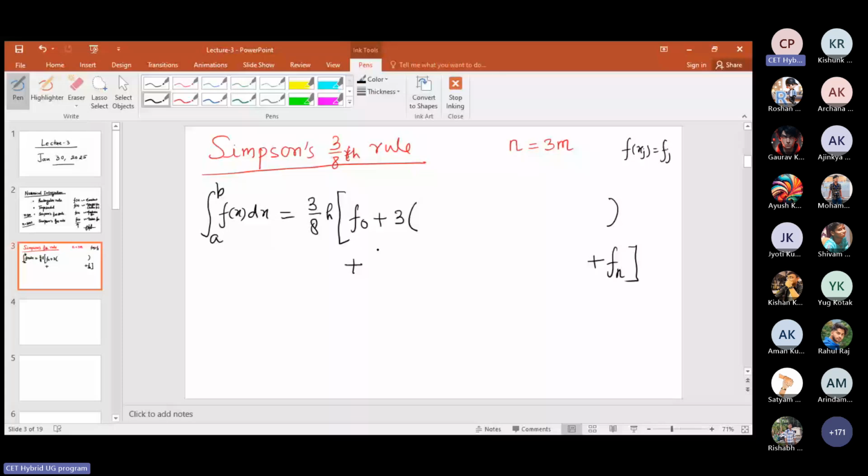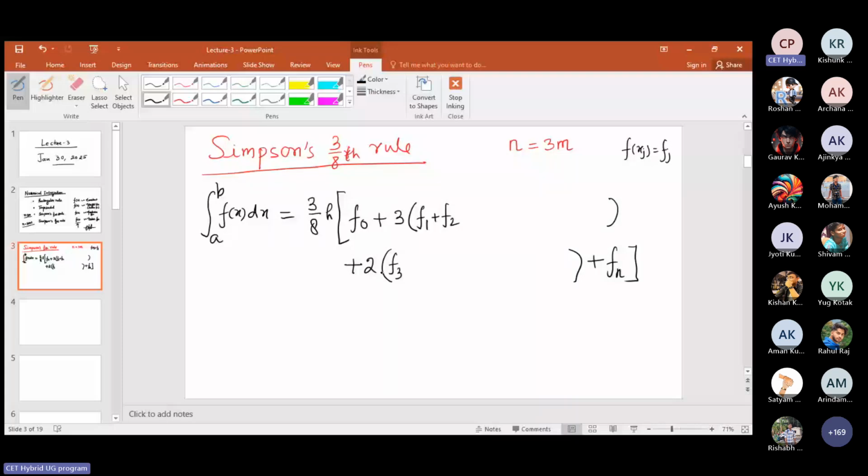In case of Simpson's 3/8, the coefficients are 1, 3, 3, 2 and then 1. So this is how the coefficients will be written. f_1 and f_2 will appear with the coefficient 3, and f_3 will appear with the coefficient 2.